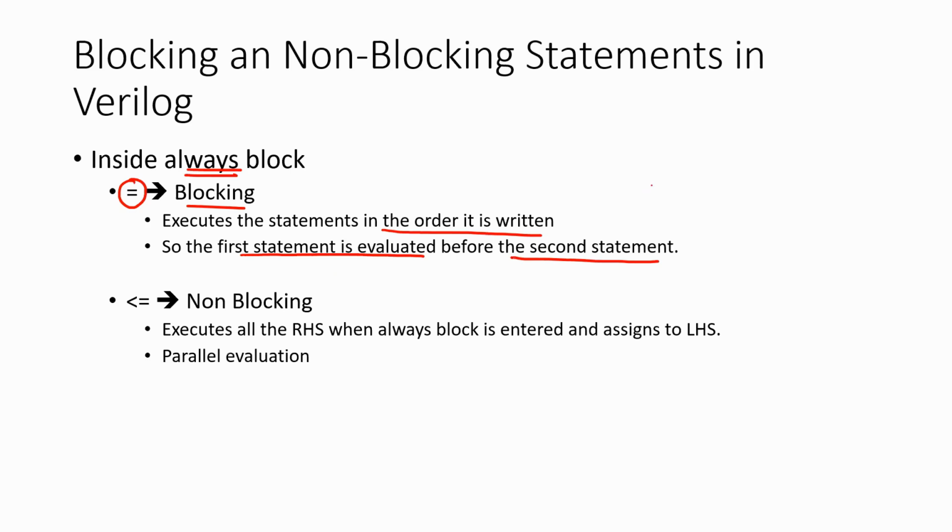Whereas in case of non-blocking, it executes in parallel. The non-blocking assignments use less than equal to. It's not a plain equal to, it will be a less than equal to. So whenever I'm using non-blocking, the moment I enter the always block, all the RHS will be evaluated. Say for example, I have multiple assignments inside my always, A equal to B and C, and then E equal to A and F, something like this.